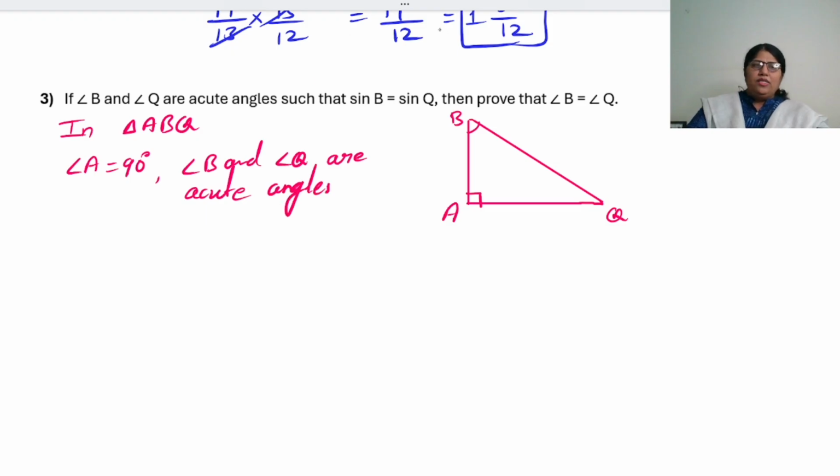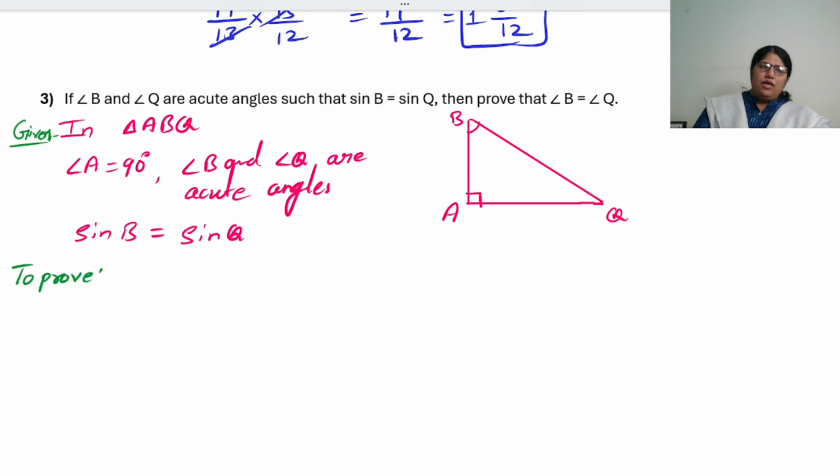Right? Now what else is given here? Whenever you solve a question, you can write down what else is given here. Sine B is equal to sine Q. Right?